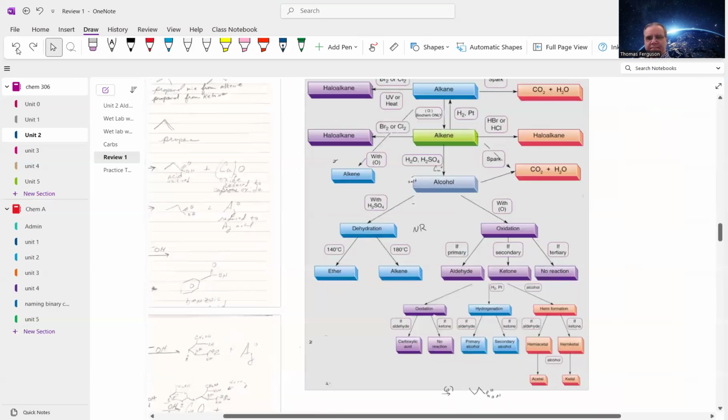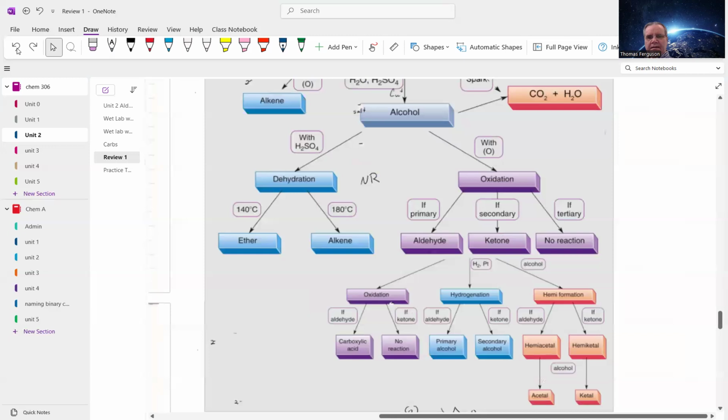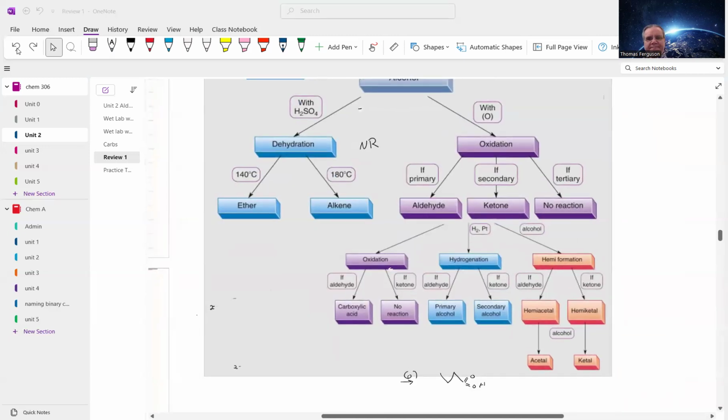Yeah. So here we have the acid right here. And that means we're going to oxidize an aldehyde. And that aldehyde is going to come from a primary alcohol with the same carbon backbone. And remember, I always give you the flow chart on the test.